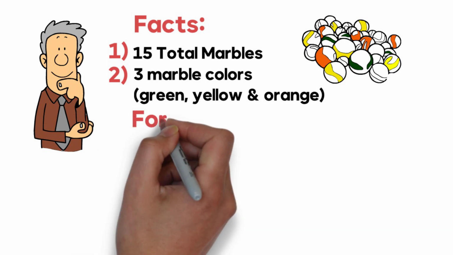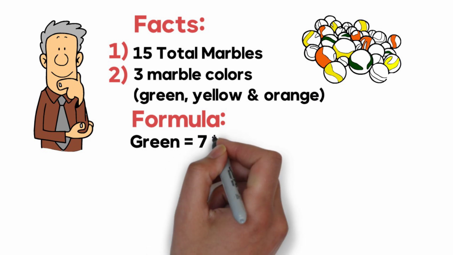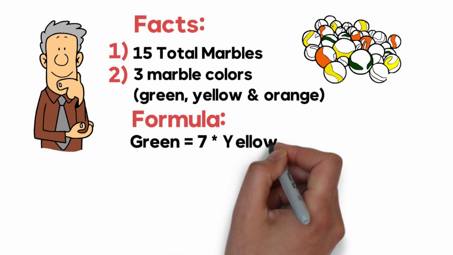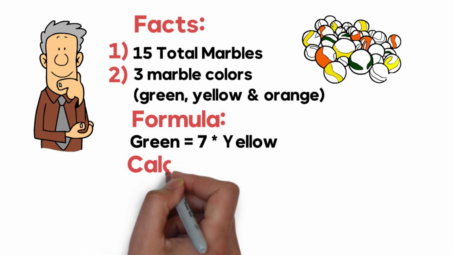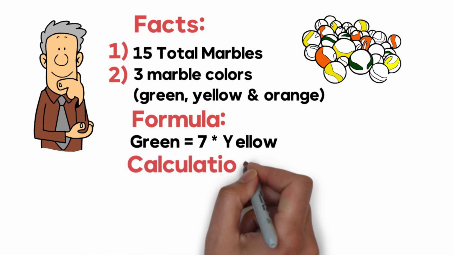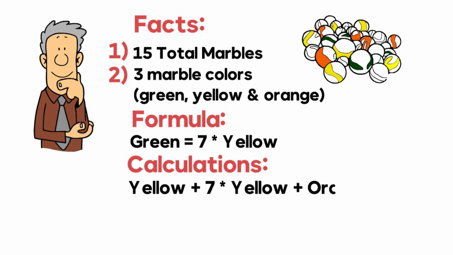And the formula that we are presented with is that there are 7 times more green marbles than yellow marbles. How does it help us? With this type of information, we can easily build the calculations, and we will base our calculation off of yellow marbles. The calculation will be yellow marbles plus 7 multiplied by yellow marbles plus orange marbles equals 15.